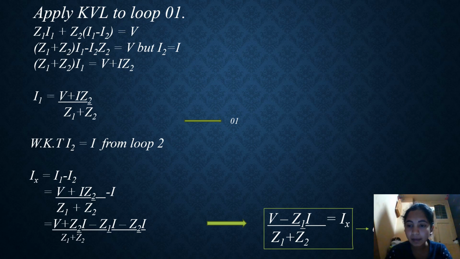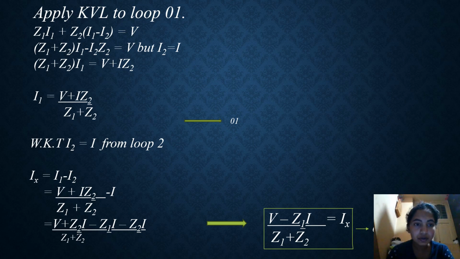For this, let us apply KVL for loop 1. Z1 I1 plus Z2 (I1 minus I2) is equal to V. So (Z1 plus Z2) I1 minus I2 Z2 is equal to V, but we know that I2 is equal to I, so (Z1 plus Z2) I1 is equal to V plus I Z2.